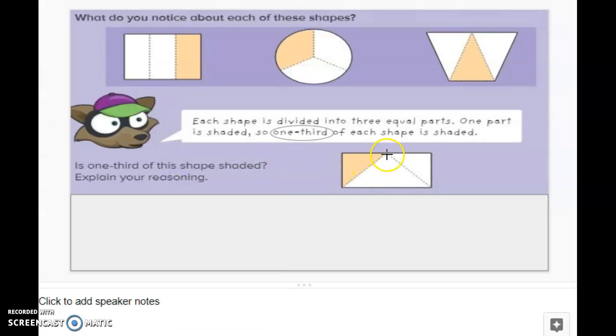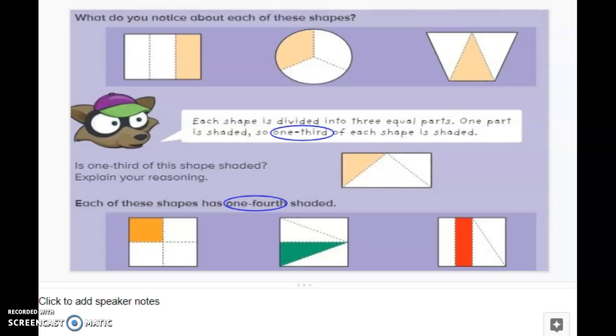If I wanted to insert a line right here, trying to make it as equal as possible, now I have 4 equal parts. 1, 2, 3, 4. And they're all equal. So I could say, yes, this represents 1/4. But if that line is not there, it is not an accurate representation of a fraction. I hope that makes sense. Feel free to message me in Dojo if you have any questions at all. Okay, so let's keep on rolling.